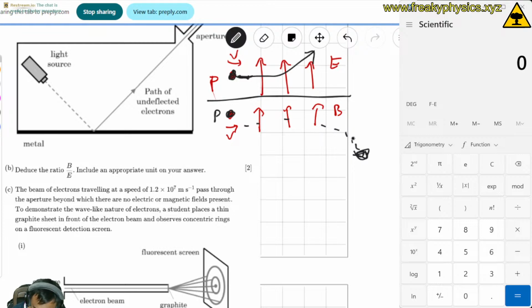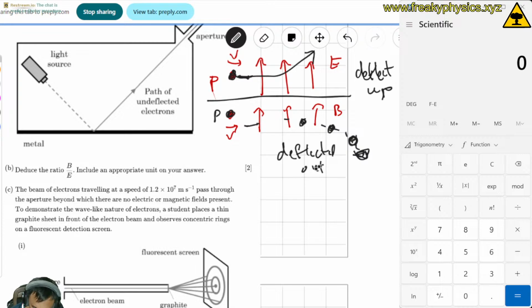Okay, but this should be out of the page. All of these would be out of the page. Deflected up. I'll just write it. Deflect up. This is deflected out of page.